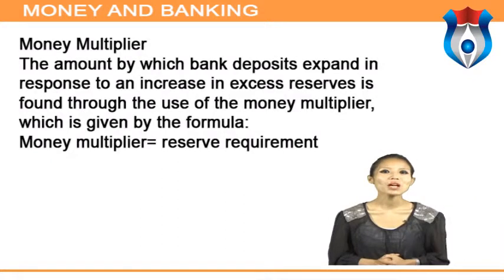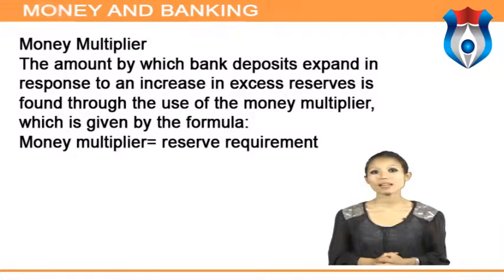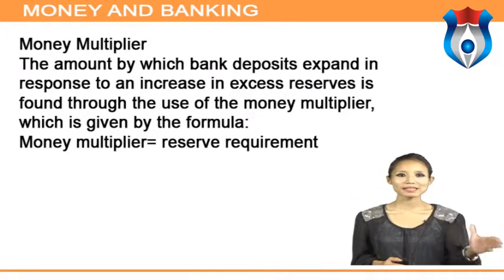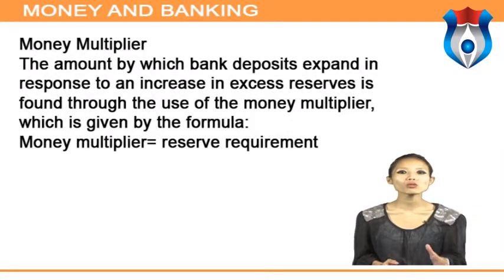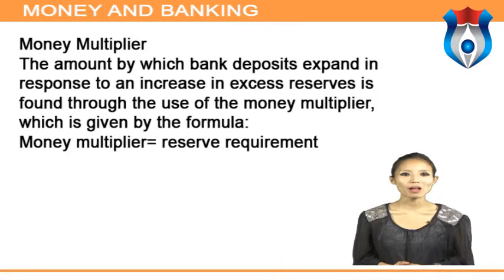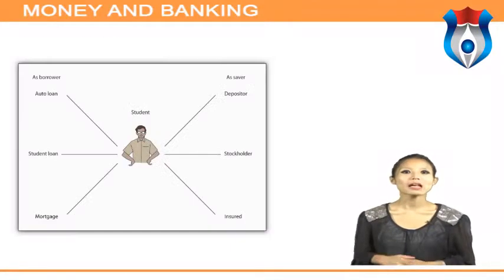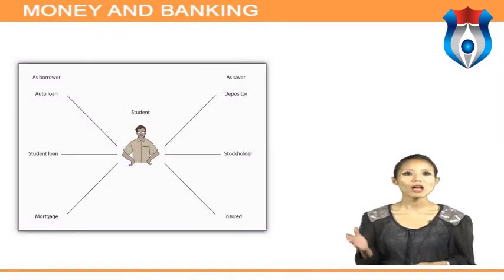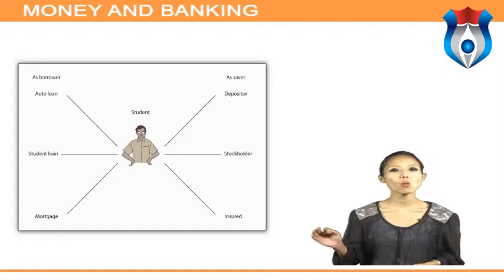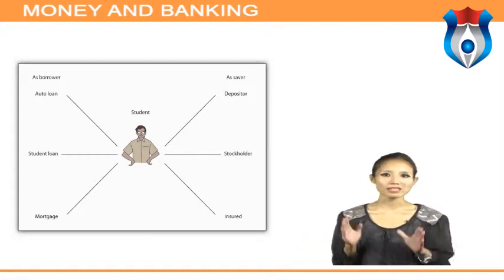Money multiplier. The amount by which bank deposits expand in response to an increase in excess reserve is found through the use of the money multiplier, which is given by the formula: money multiplier is equal to 1 divided by the reserve requirement. In the example of deposit expansion, the reserve requirement is 10%, so the money multiplier in this case is 1 by 0.10, which is equal to 10.